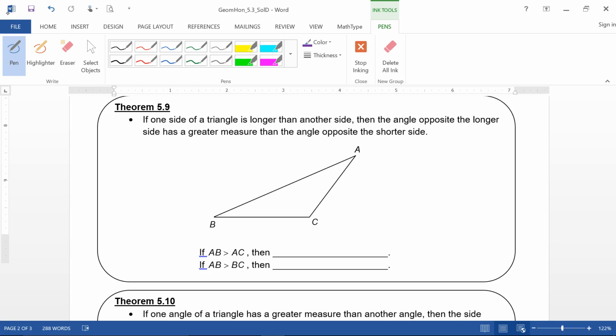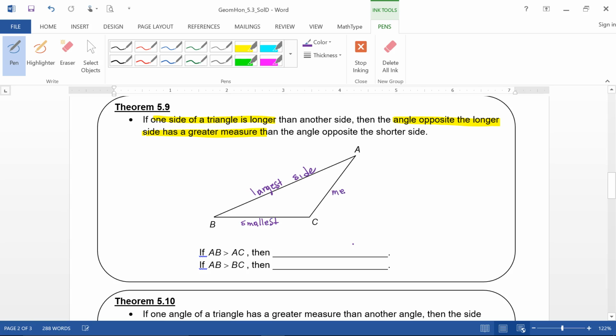Lots of times, triangles are not equilateral. That means some sides are bigger, some sides are smaller. It turns out, if one side of a triangle is longer than the other side, then the angle opposite the longer side has a greater measure. Okay? So suppose here, this is the largest side. And suppose this is the smallest side.